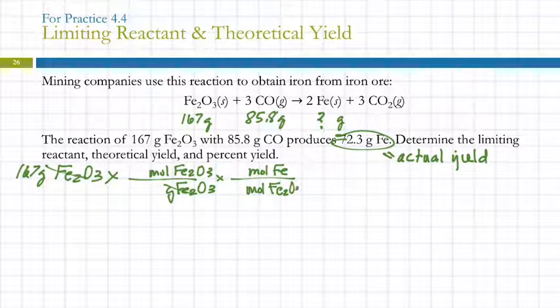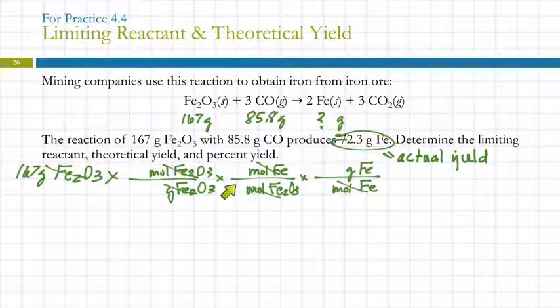I'm going to divide by moles of the iron oxide. And then I'm going to go to grams of iron, dividing by moles of iron. Grams to moles to moles to grams. Moles to moles comes from the equation. 1 mole of Fe2O3 would produce 2 moles of iron.